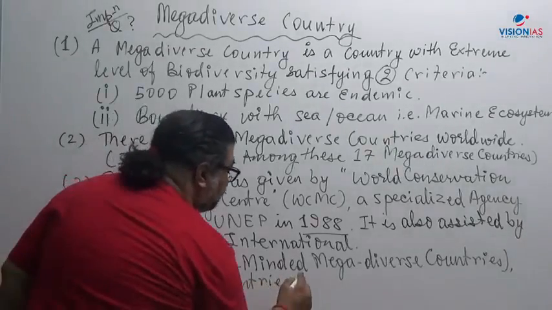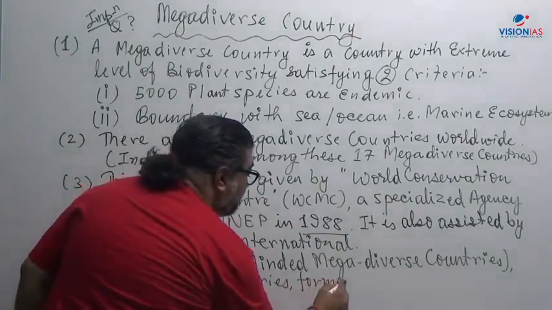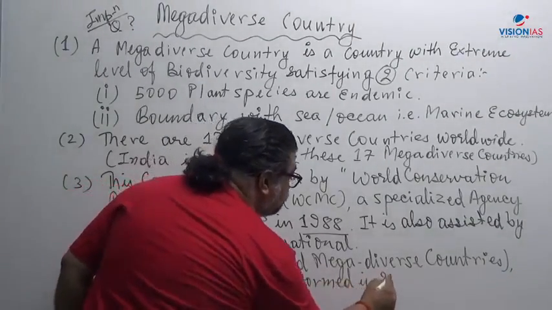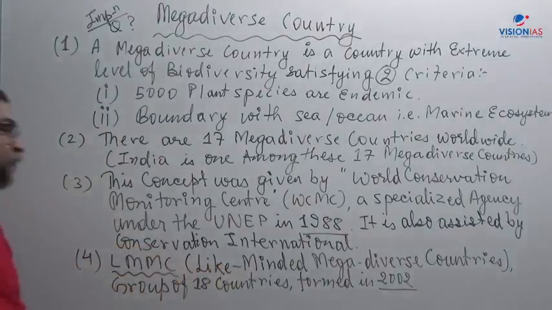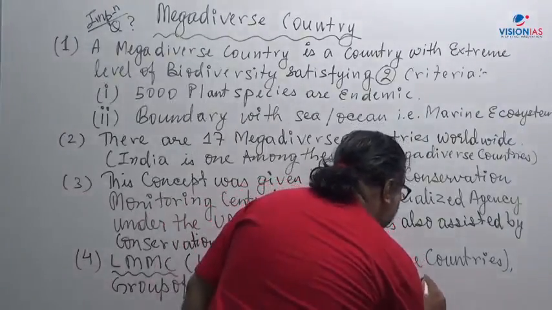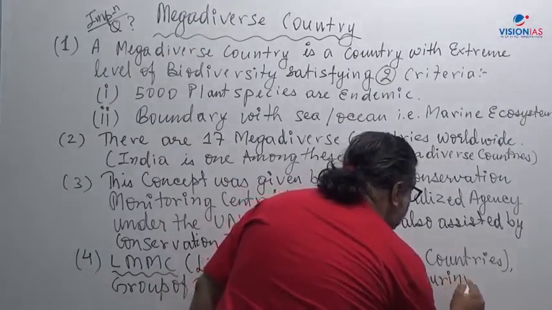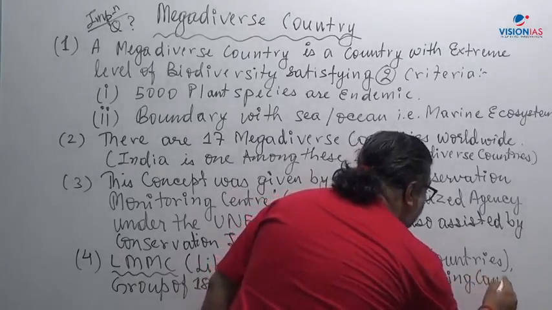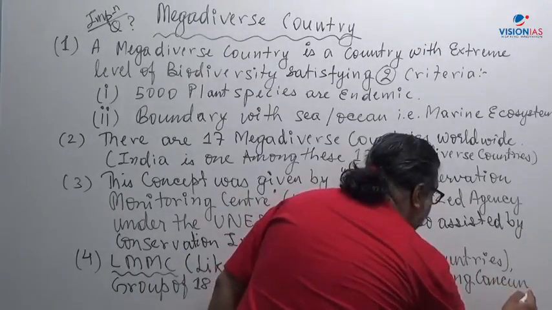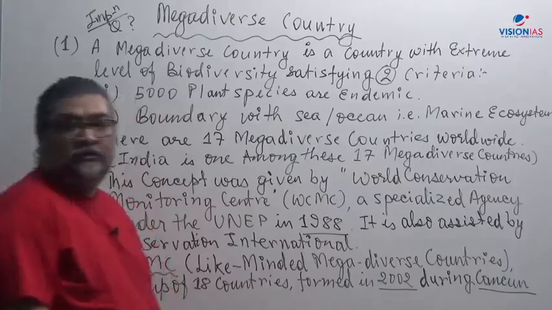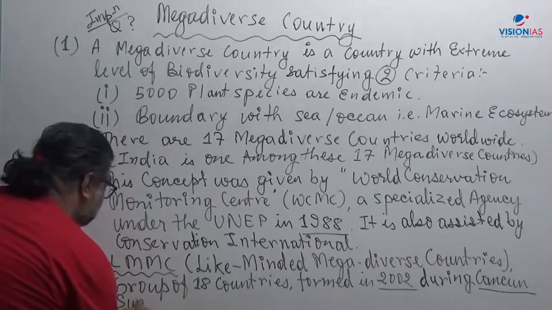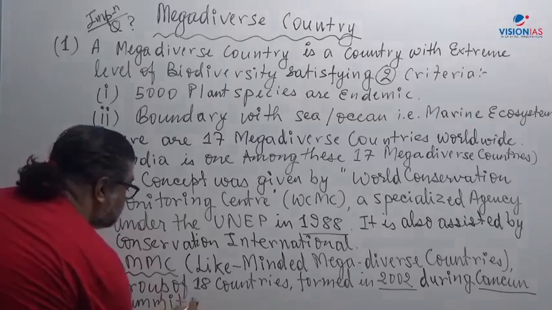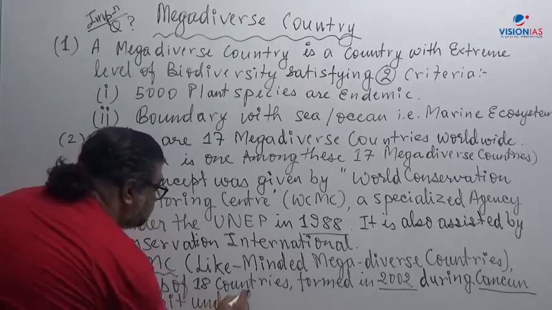This was formed in 2002, during a conference in Cancun. Cancun is a place in Mexico. The Cancun conference or summit was under the United Nations.